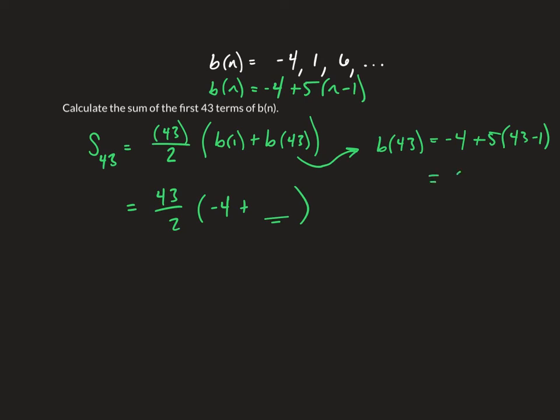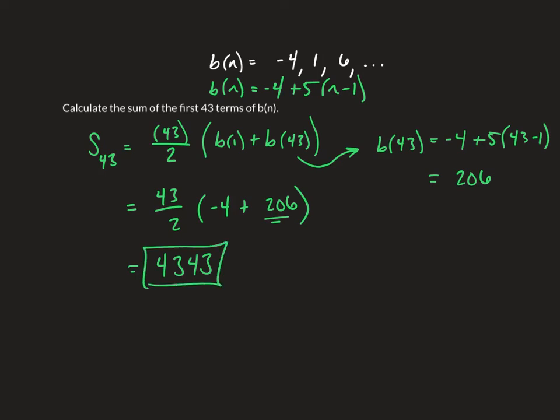And when I calculate that, I get 206. So now I know that the 43rd term is 206, and I can throw this into a calculator to calculate the exact answer. But when I add these together and then multiply by half of 43, I get 4,343, which is the sum of the first 43 terms of this sequence.